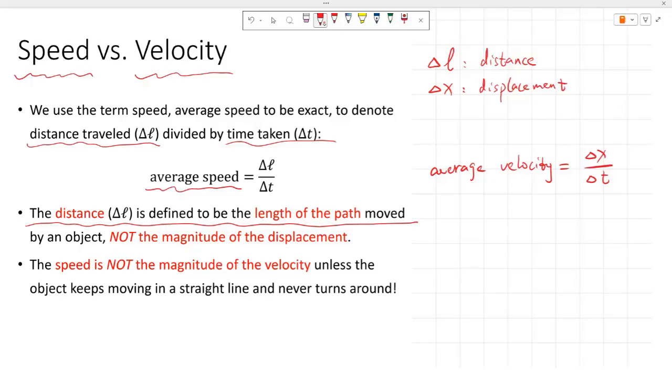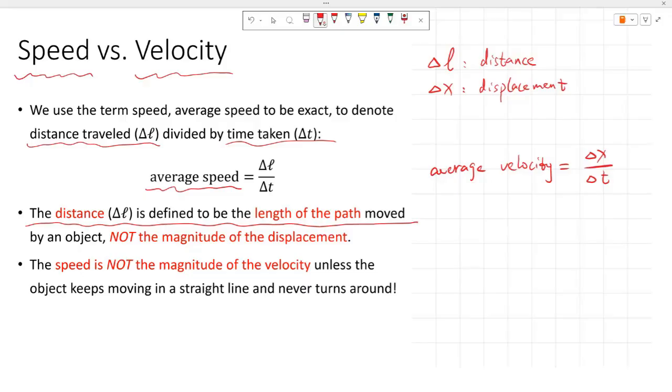Now this is a diagram that I usually ask my students to keep in their notebook. It's probably one of the best diagrams out there for you to differentiate between distance and displacement, and later on you can use something like that to also remind you the difference between average speed and average velocity.